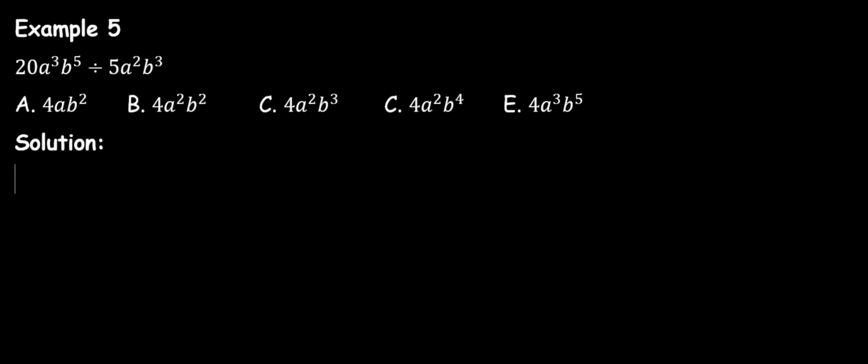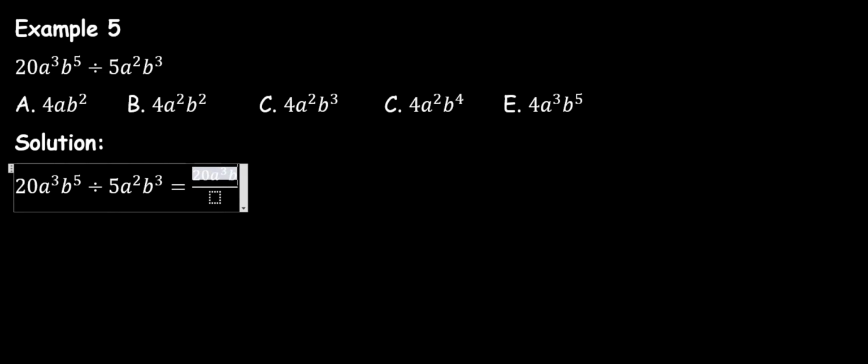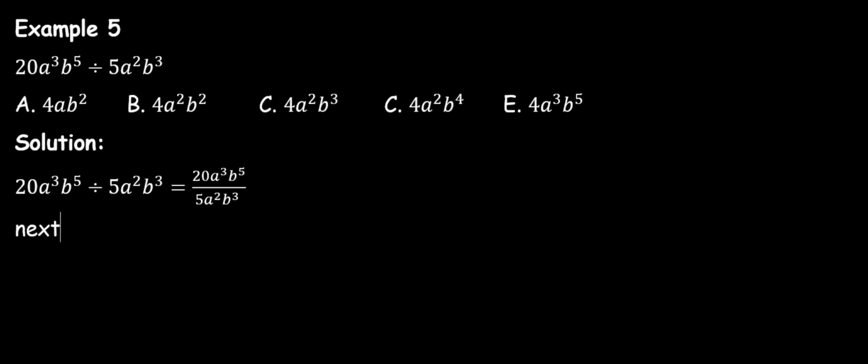Solution. 20a cube b raised to power 5 divided by 5a square b cube is equal to 20a cube b raised to power 5 as the numerator of the fraction, divided by 5a square b cube. Next, we divide the numbers as usual.